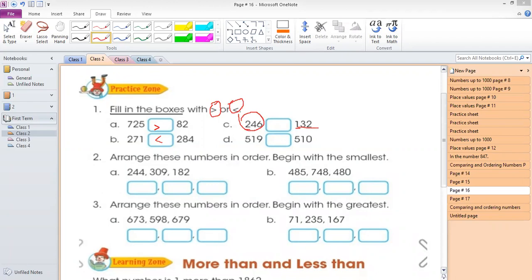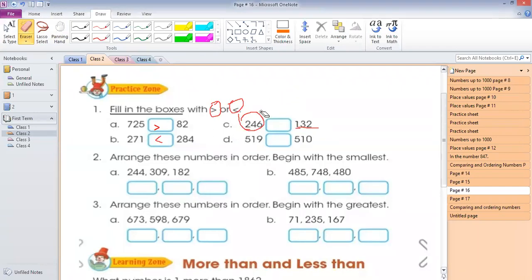Okay, let me take one of the students, guys. And I'm going to take Hamza Al Sayyed. Yes, sir. Hamza, which is bigger?